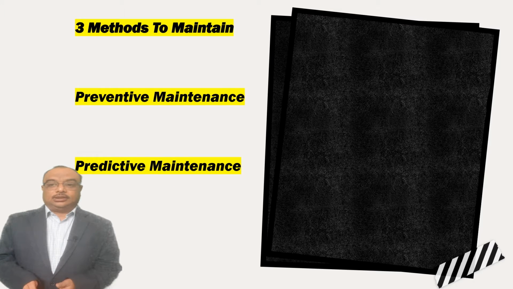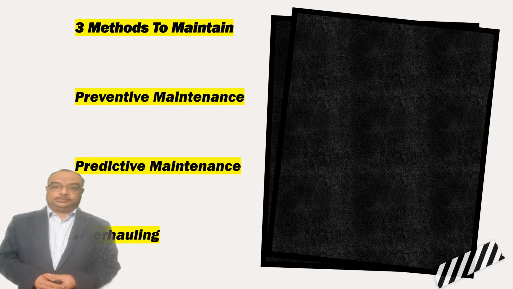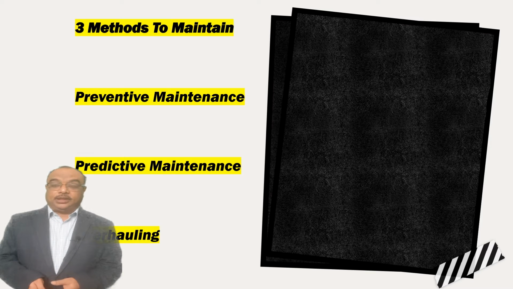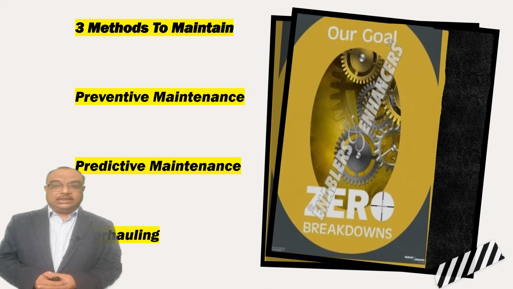And the third method is overhauling. In this particular session, we will discuss preventive maintenance and how it can help to achieve zero breakdown. And remember, the goal of all these methods is zero breakdown.